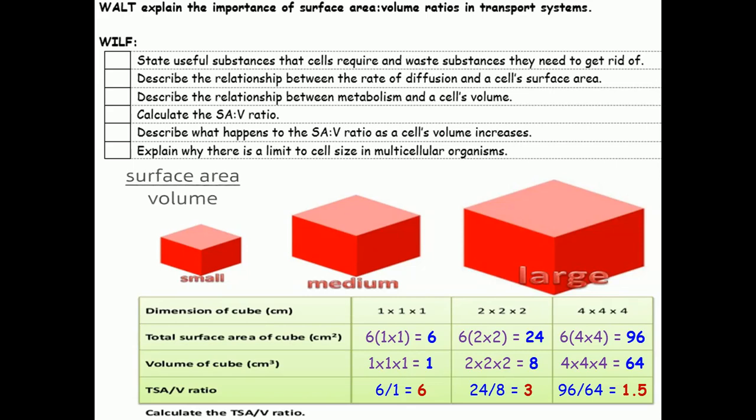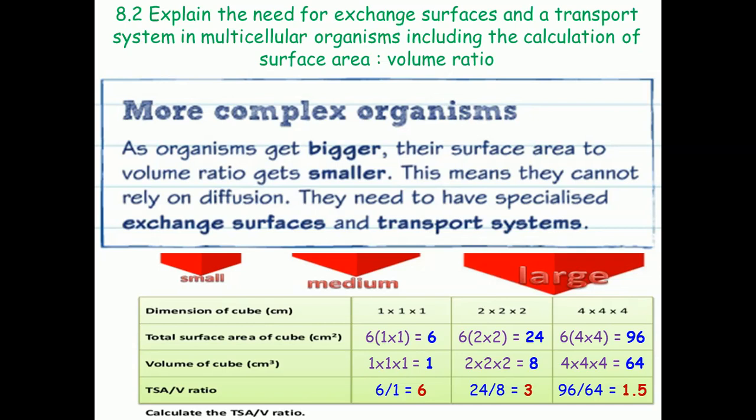Okay, so when we analyze this, we can see that as the cell increases in size, the surface area to volume ratio decreases. So as organisms get bigger, the surface area to volume ratio actually gets smaller. So both surface area and volume increase, but volume actually increases at a faster rate than surface area. And this means that you can't rely on diffusion.